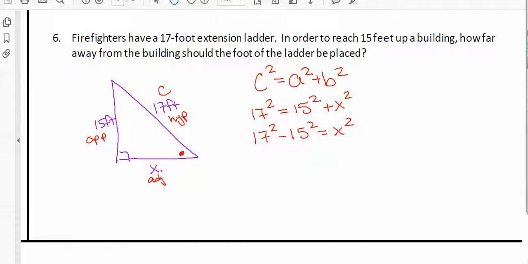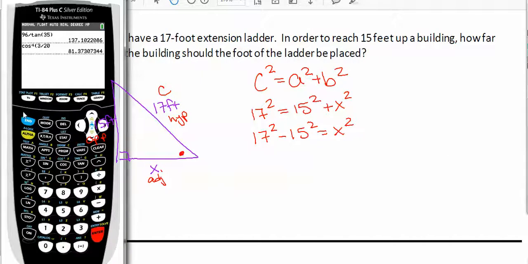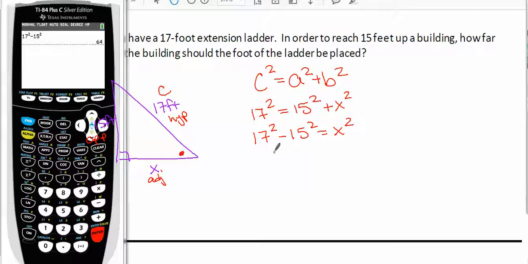Clear this out. 17 squared minus 15 squared is 64. I take the square root of both sides and x equals 8. So it's 8 feet from the building.